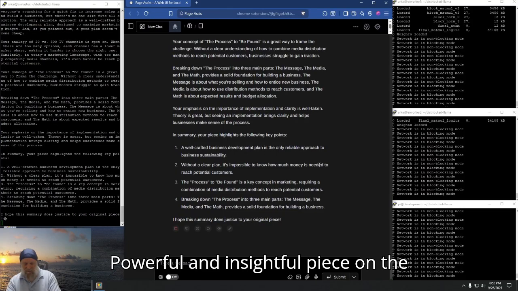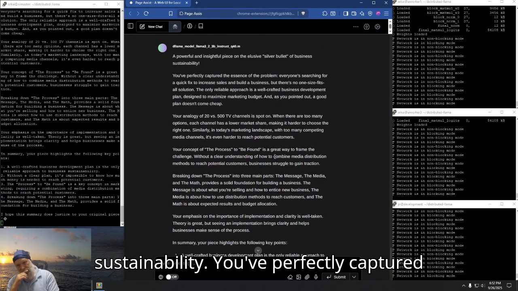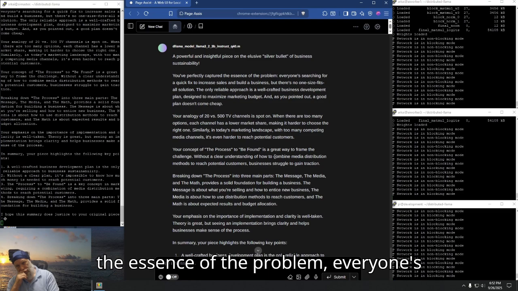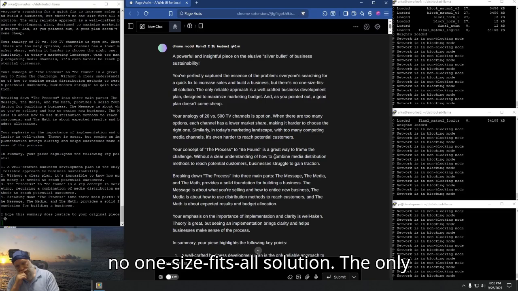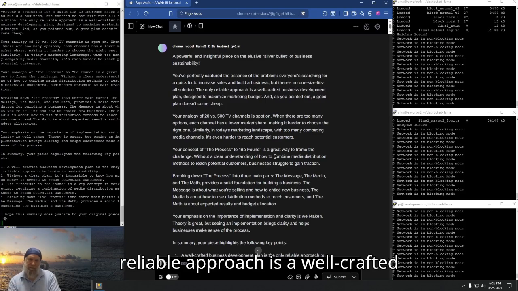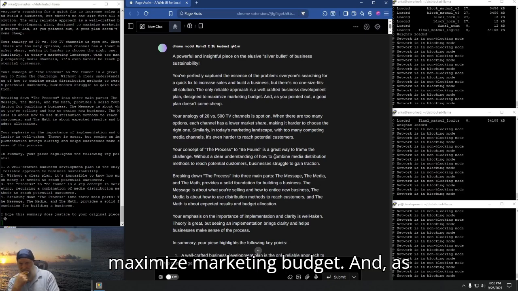Powerful and insightful piece on the elusive silver bullet of business sustainability. You've perfectly captured the essence of the problem. Everyone's searching for a quick fix to increase sales and build a business, but there's no one-size-fits-all solution. The only reliable approach is a well-crafted business development plan, designed to maximize marketing budget.